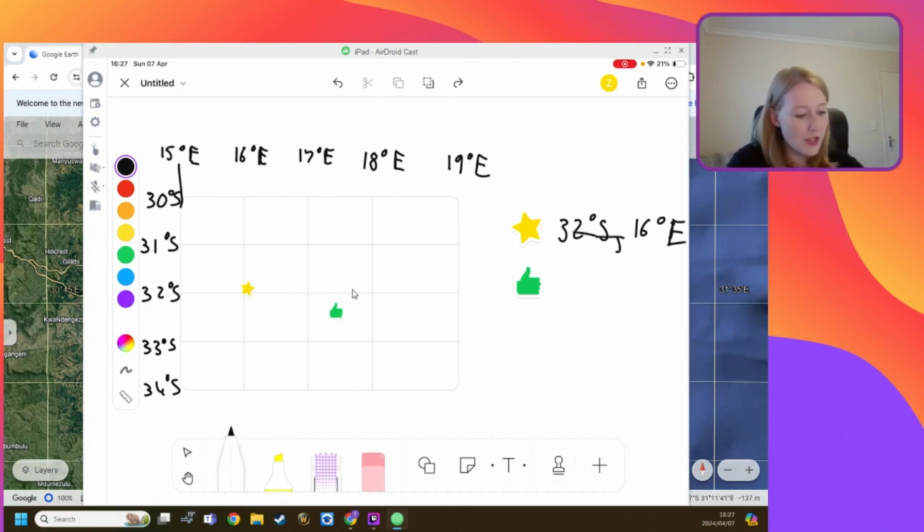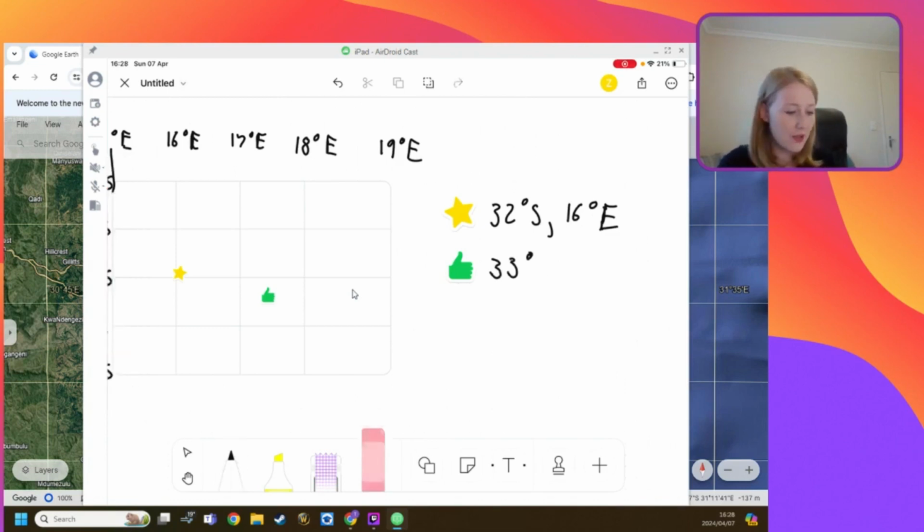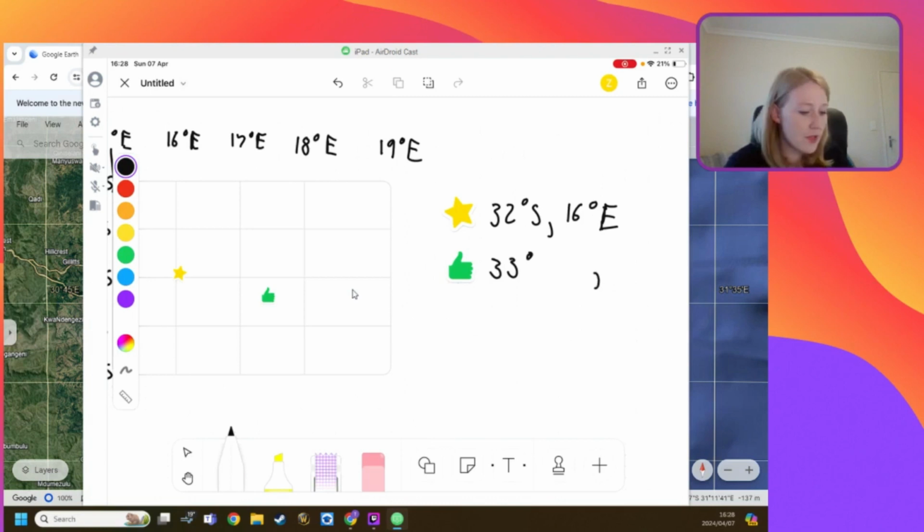I'm going to start there. Why do I keep drawing these random lines? 32 degrees south. Okay, I'm going to leave a space. Actually, let's erase the south because I've put that in too soon. I'm going to leave a little space next to it and then do the east. Put the south in there. It'll make sense in a minute.